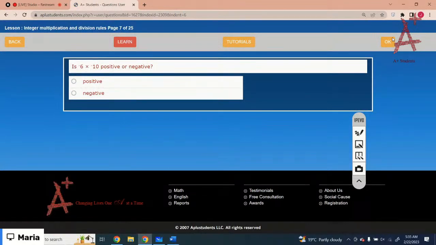Okay, negative 6 times negative 10. Both the numbers have the same sign. The answer must be positive. Got it? If both the numbers are negative or both the numbers are positive, the answer must be positive.